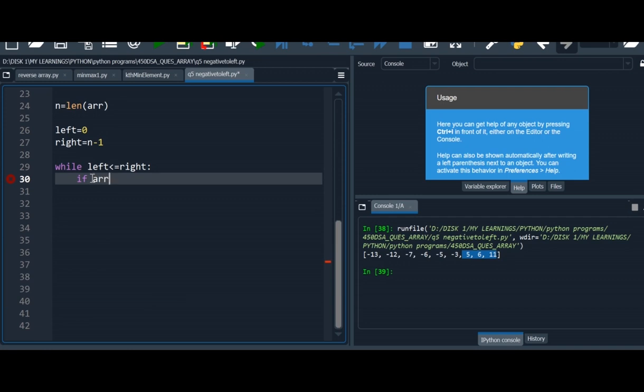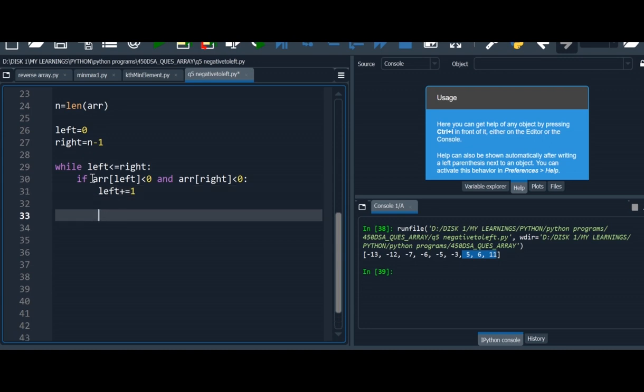If the array at left index is less than 0, which means negative, and the element at right index is also negative, we will be moving the left index by one. Why we did this, I will explain, just give me 1 minute.